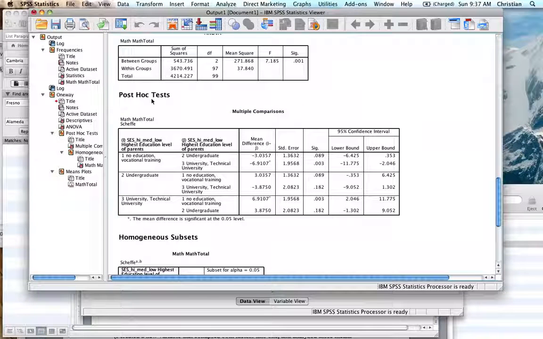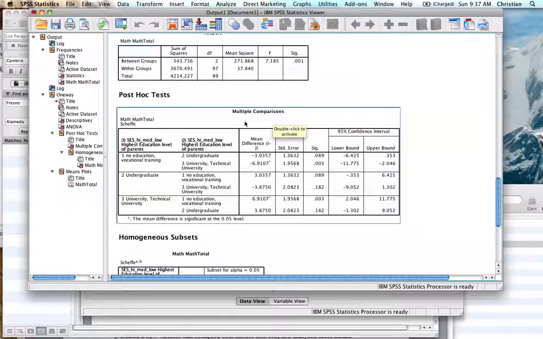Those are the post hoc tests, and we do multiple comparisons. So we do all these mean comparisons at the same time. That's a better way to do it than having individual t-tests between each group. This is a test that runs all these comparisons at the same time. And why is this better? It's better because we don't have an accumulation of the alpha error.